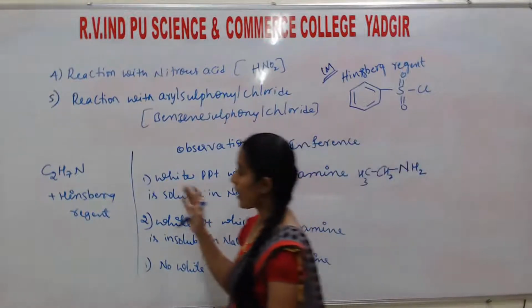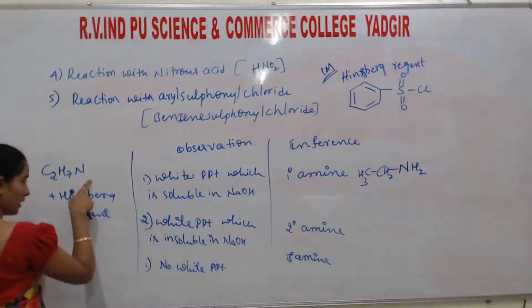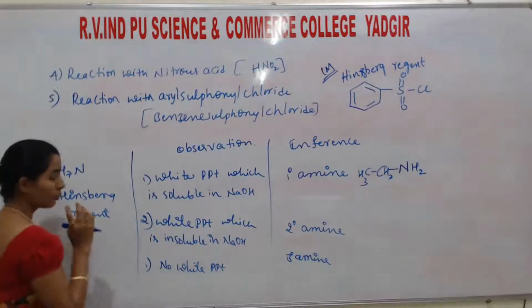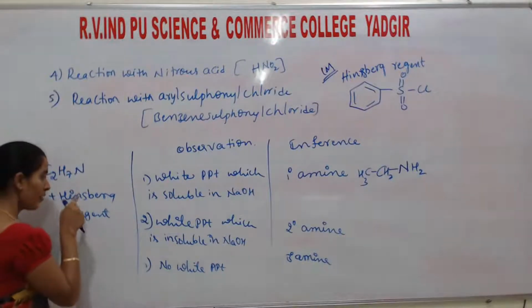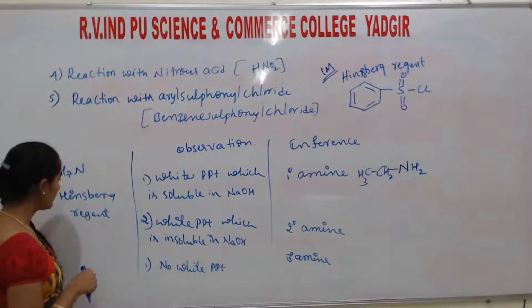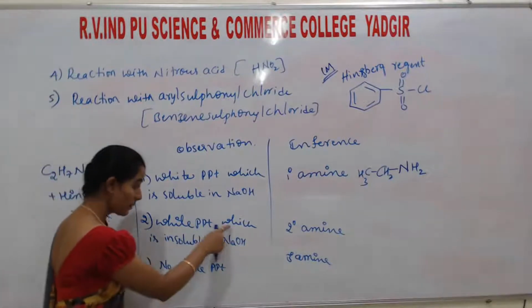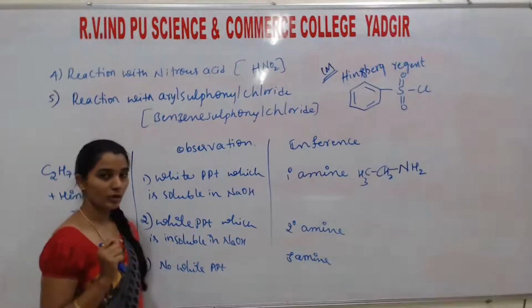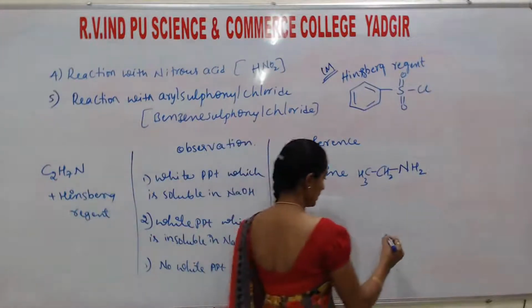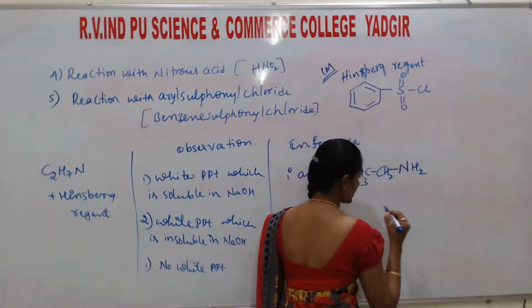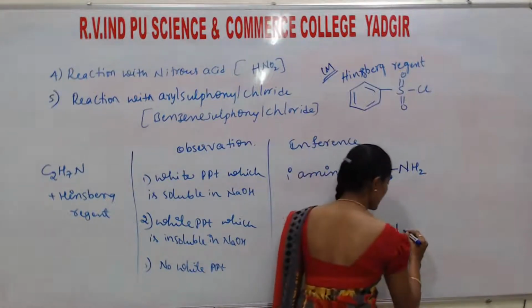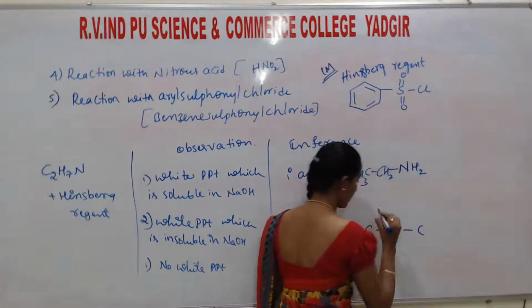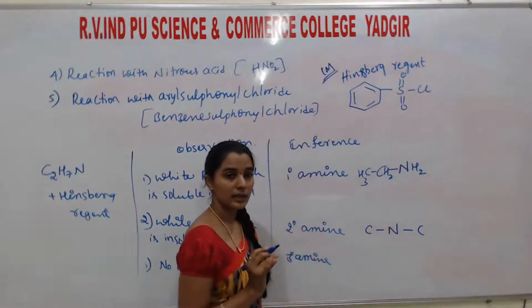So if the same reaction is there, C2H7N, that is the amine, we don't know which type of amine it is. When we have this Hinsberg reagent, if white precipitate is formed but it is insoluble in NaOH, so that means what? Here nitrogen is there, insoluble in NaOH means it is attached to 2 carbon atoms because it is a secondary amine.